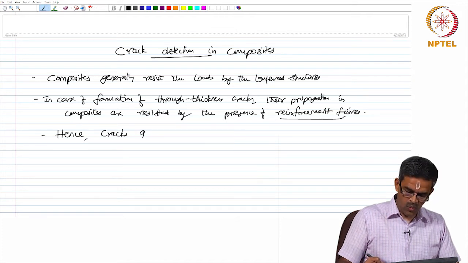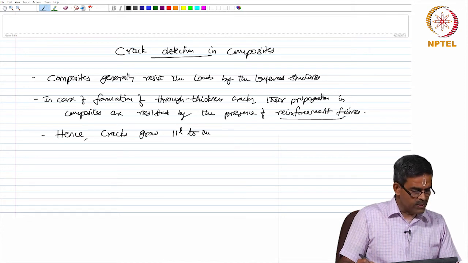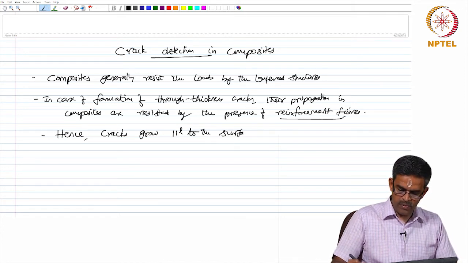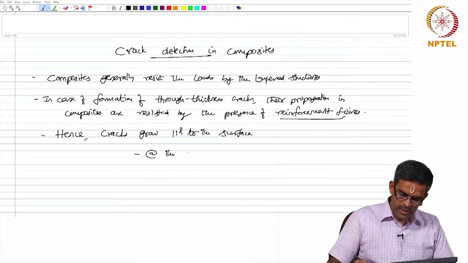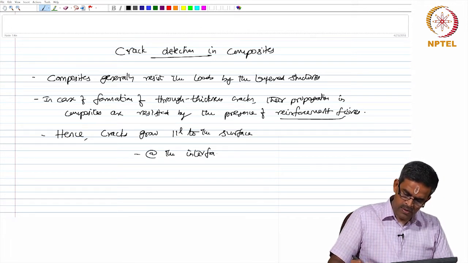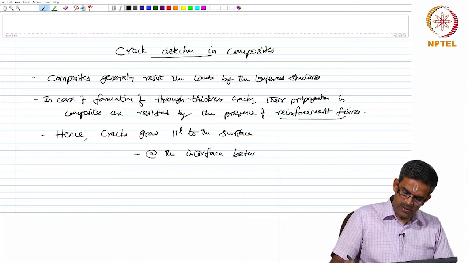Cracks grow parallel to the surface, especially at the interface between the layers.